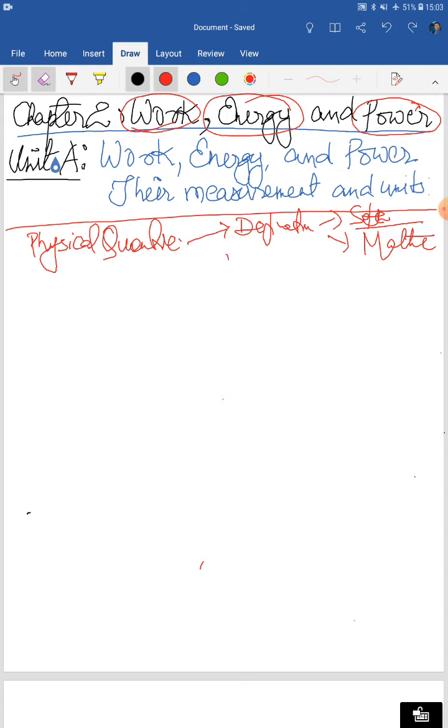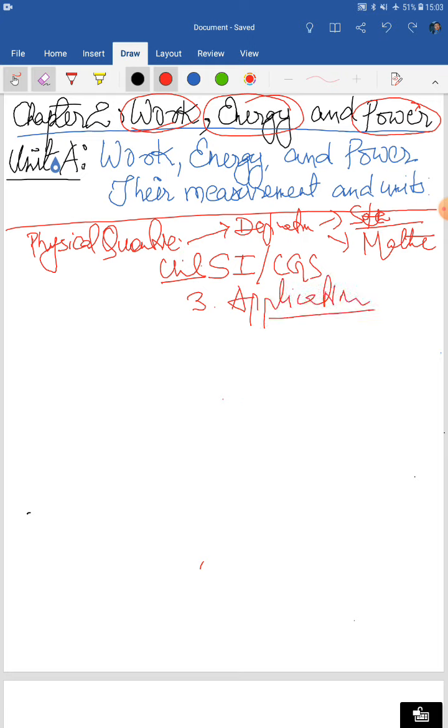Then you will learn its units, SI unit and CGS unit, and third will be your application, means use of this mathematical expression or mathematical definition of this physical quantity, that is to do numericals.